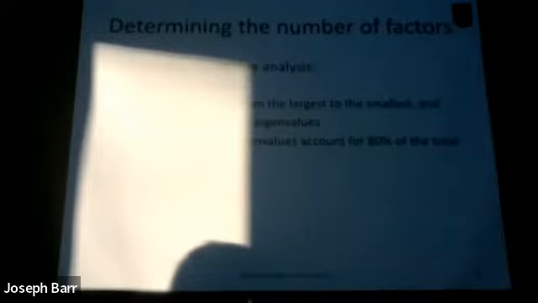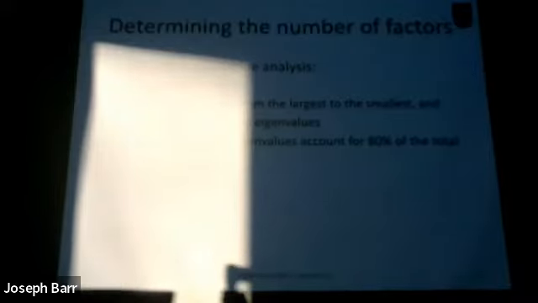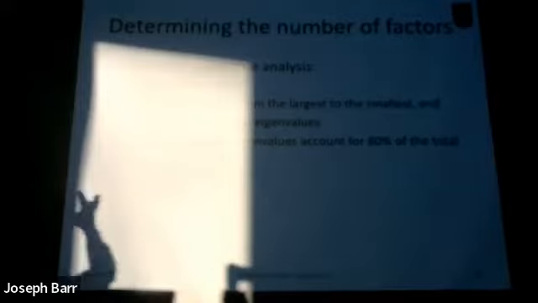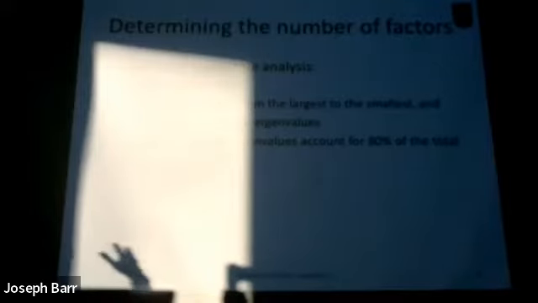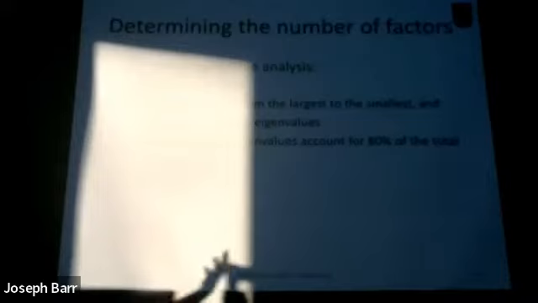Then we calculate the percentage of the total variance. We take the cumulative eigenvalues accounting for 80% of the total variance. If the cumulative eigenvalues reach 80%, then we just stop. The remaining eigenvalues we drop, and that number is the number of factors. So this is another way.